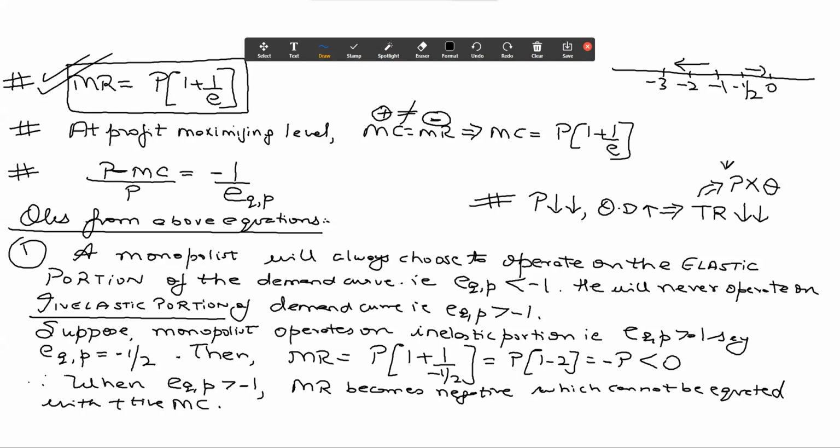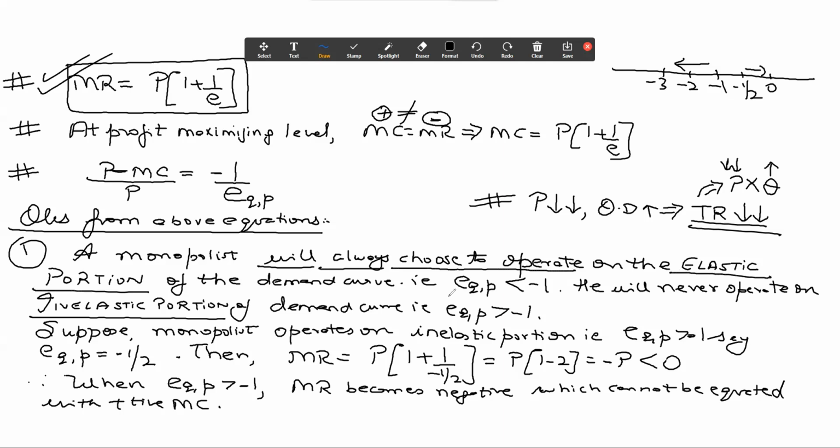If one value is going down by a larger amount and another is going up by a tiny amount, the whole product is falling. So the first observation is that a monopolist will never operate on the inelastic portion of the demand curve. A monopolist will always operate on the elastic portion.